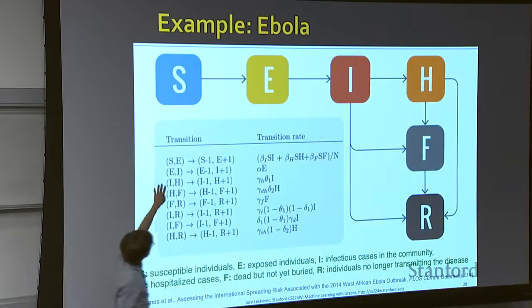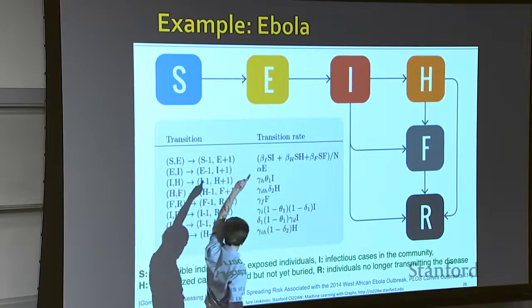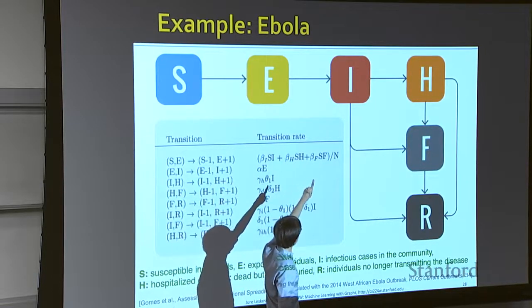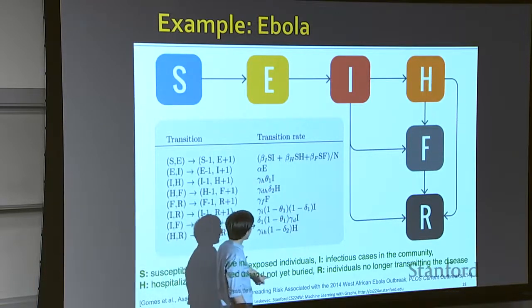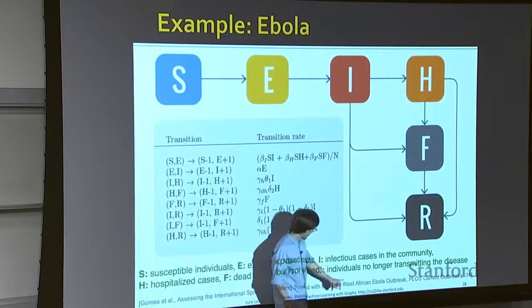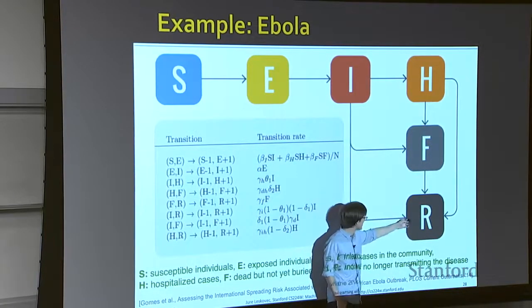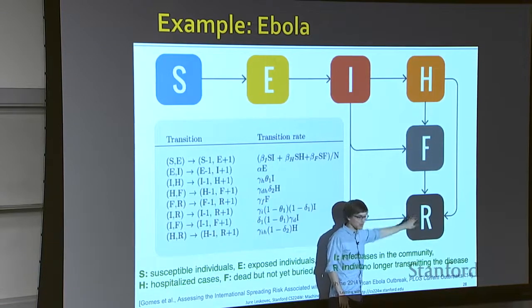I think this is the model for Ebola: it goes from susceptible, to exposed, I is infectious, H is hospitalized, F is dead but not yet buried, and R is individuals no longer transmitting the disease, which either means cured or underground away from people, right?